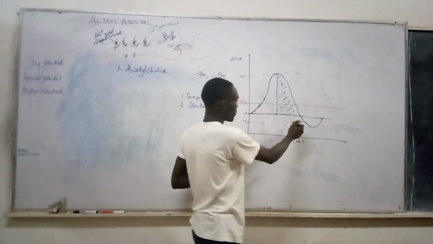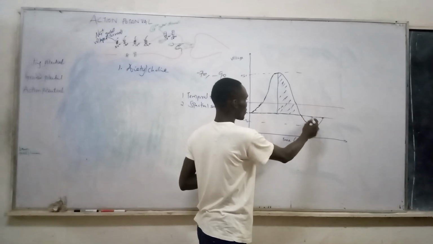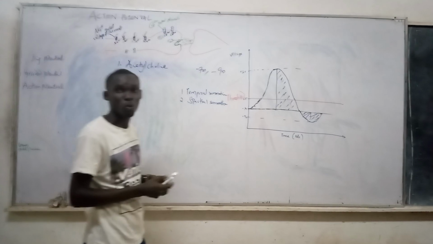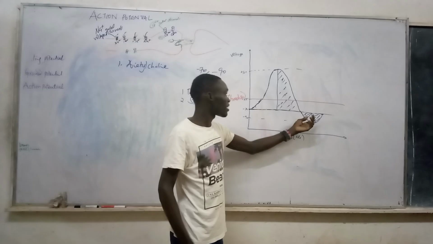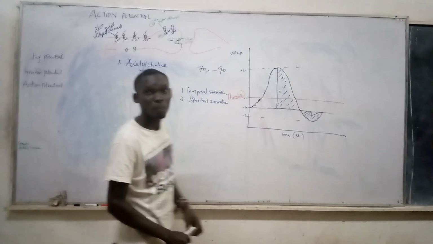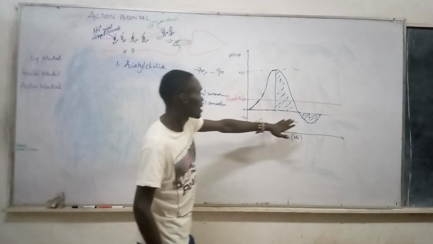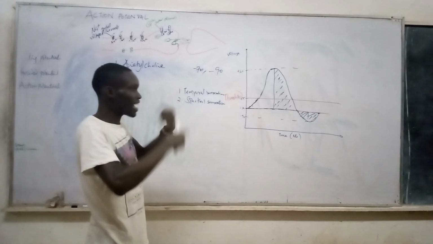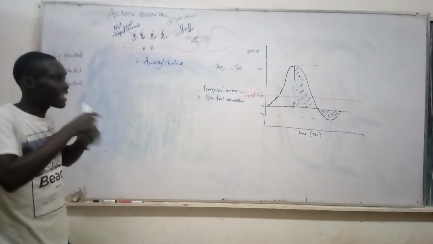But at this phase, this stage, the membrane can be stimulated once more. So we call this phase the relative refractory period, since the membrane of the neuron can be stimulated to start sending another signal.